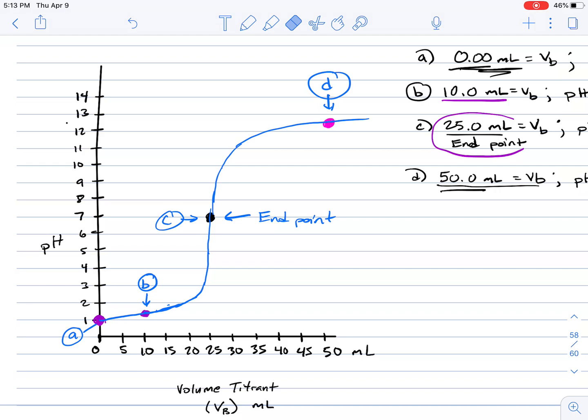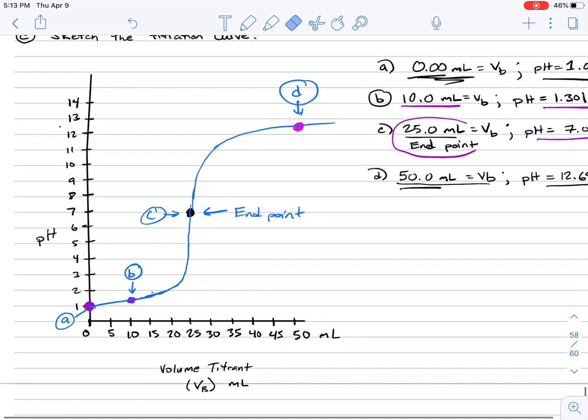There is a much more precise method of doing it, but it's out of the scope for this class for now. Another way would be to take the slope, right?